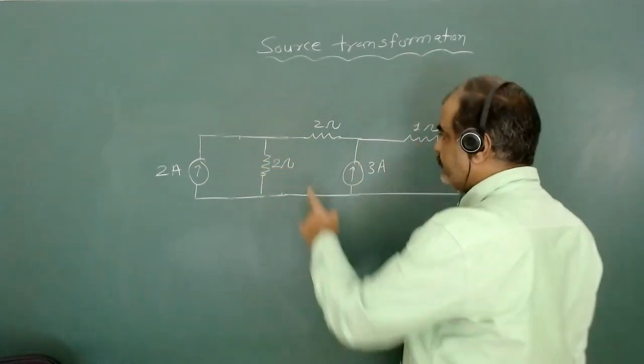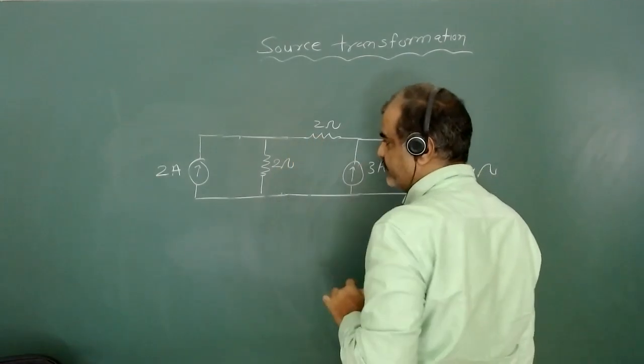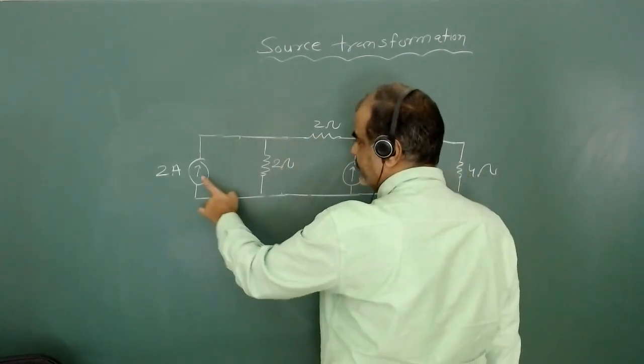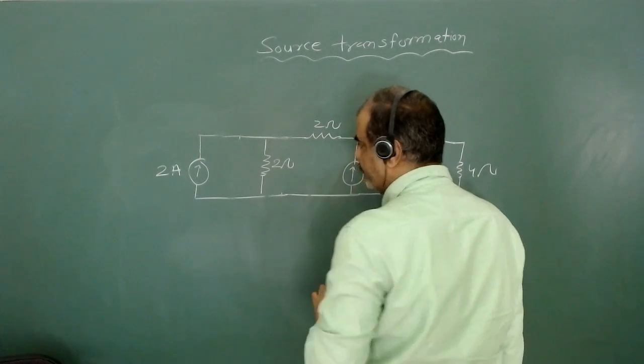Again I want to bring this resistance also into the picture. So I will convert this current source into a voltage source.